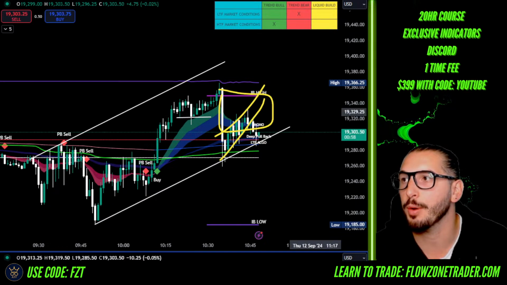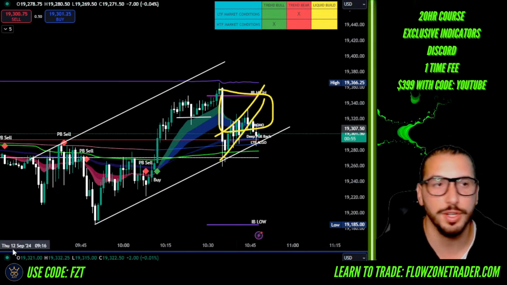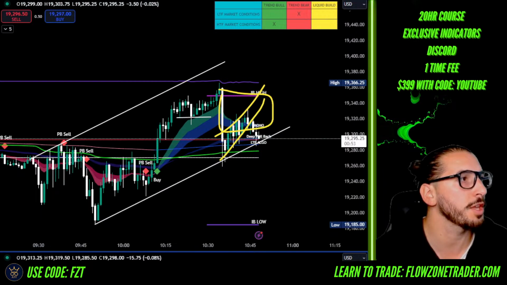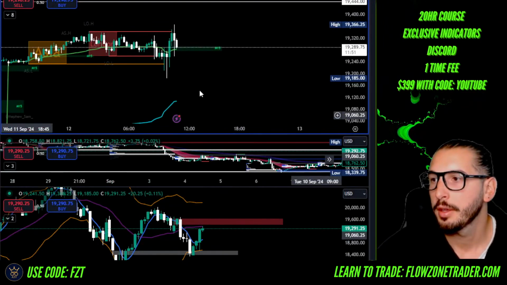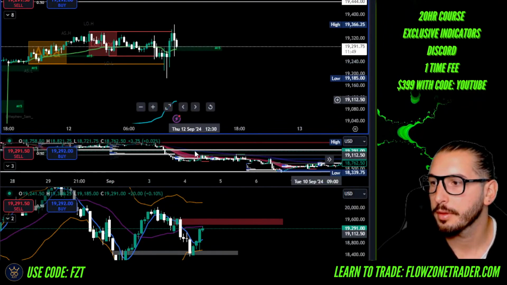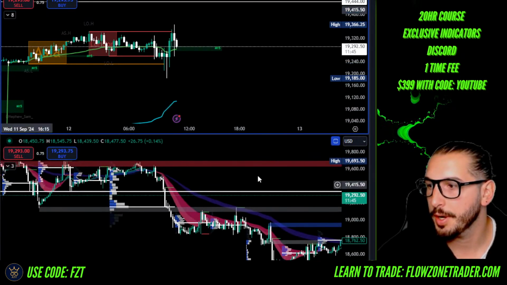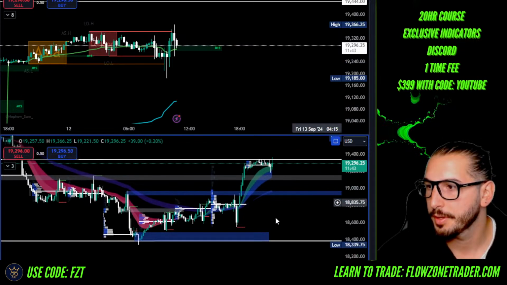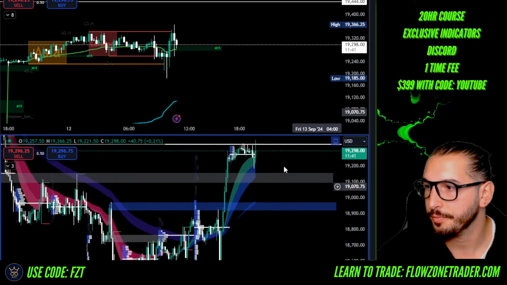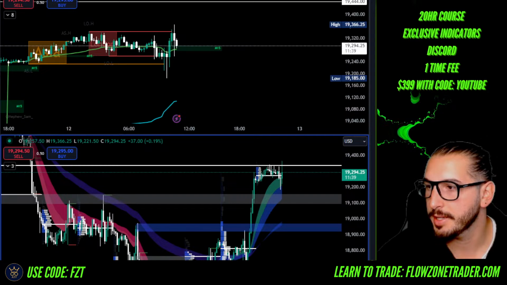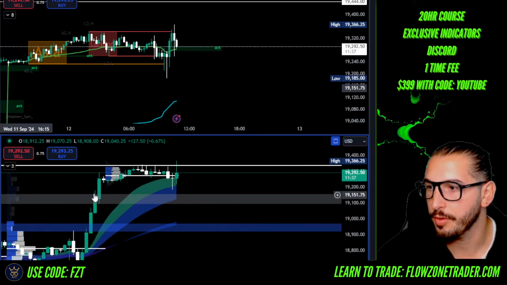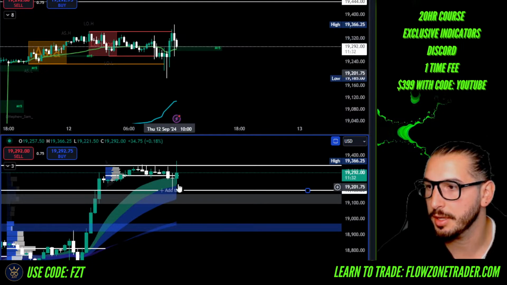If you go to the hourly candle right now, that huge flush we did, let's just bring you over to it and open this up. The huge flush we did repriced this candle right here. If we do a horizontal line right here, we started repricing it.